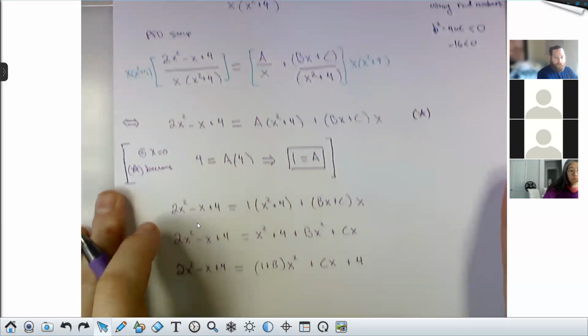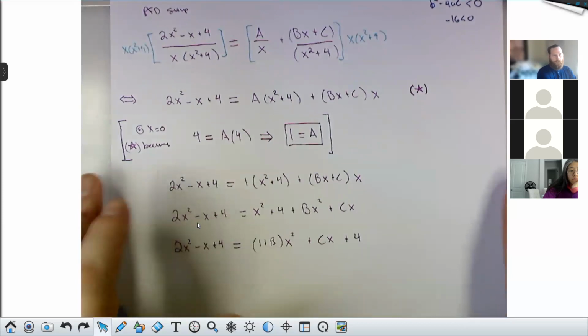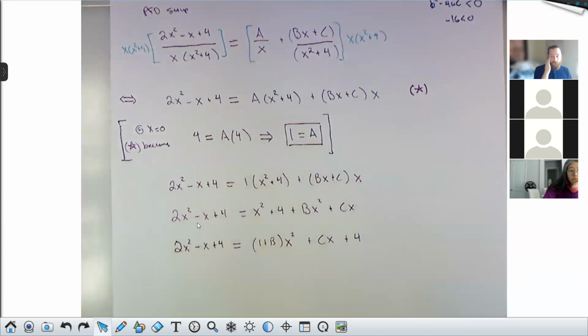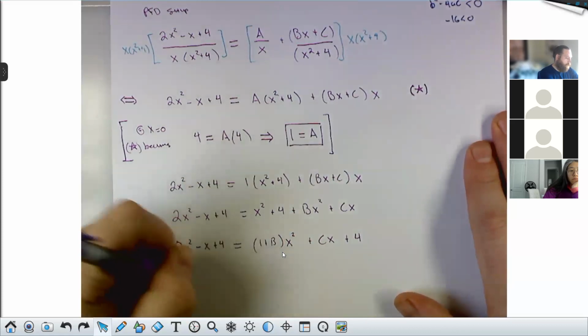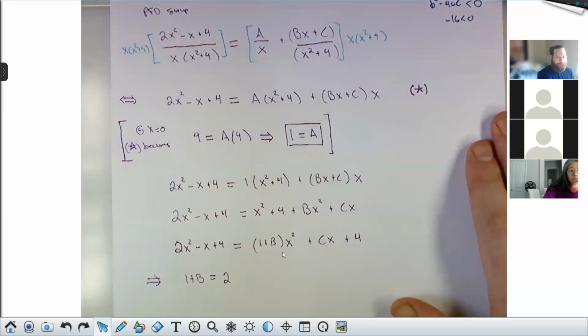And now we play that game like we did at the start of class on Monday, where we said the coefficients have to match. So the number attached to x² on the left is 2. The number attached to x² on the right is 1 + b. So this tells me that 1 + b has to be equal to 2.